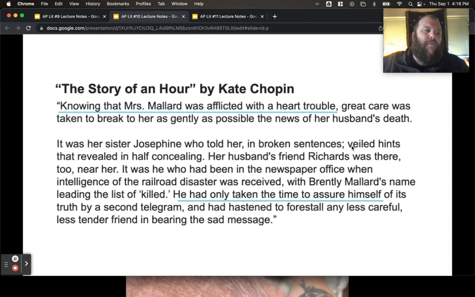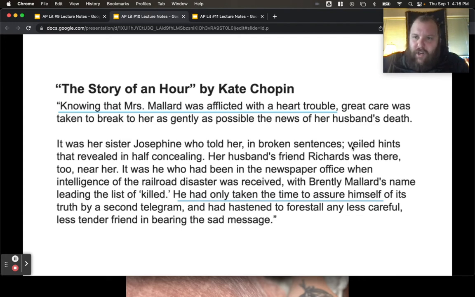So what these two highlighted portions do, we're meant to feel a sympathy, right, for Mrs. Mallard. That's sad.